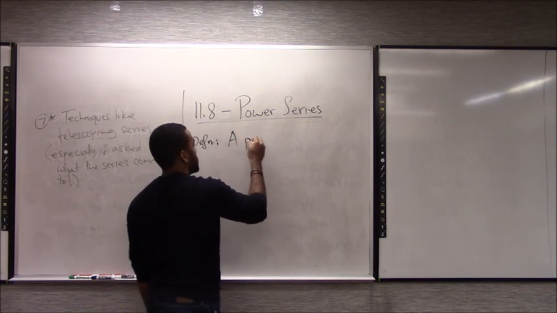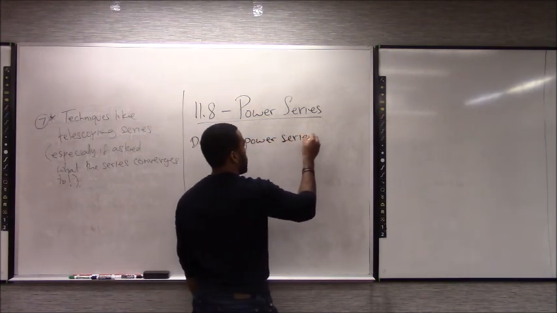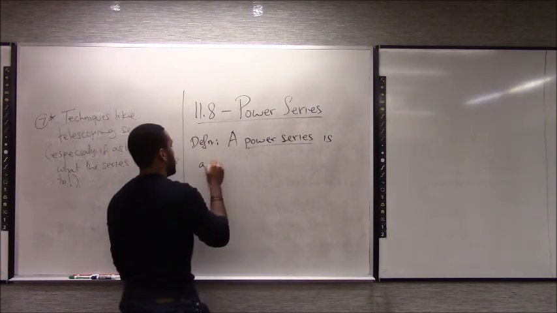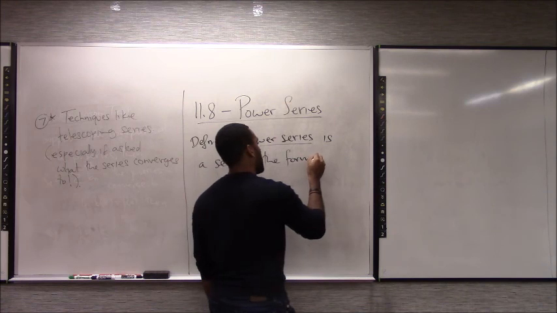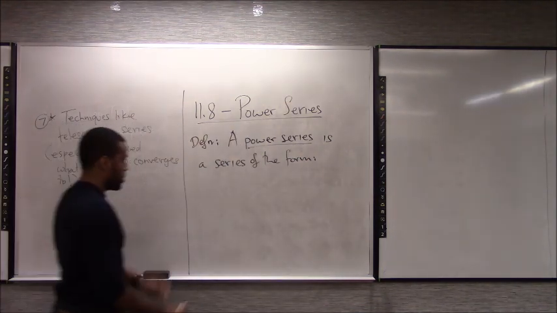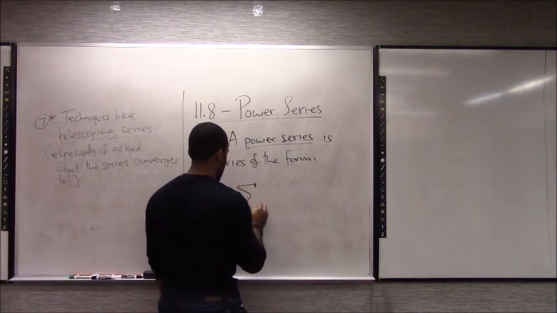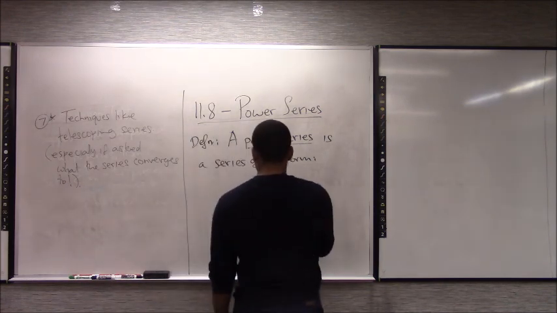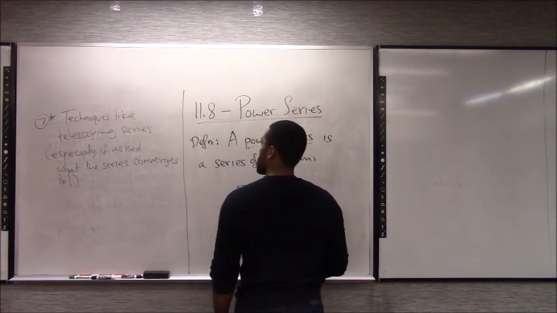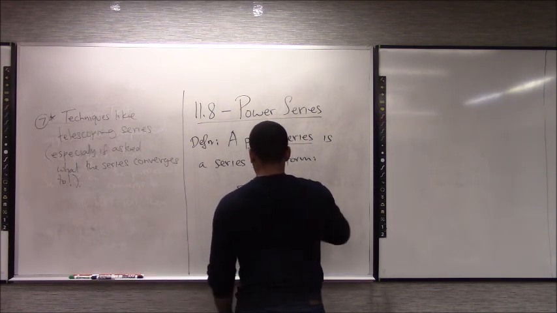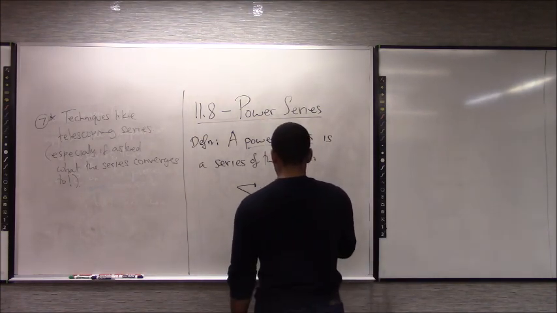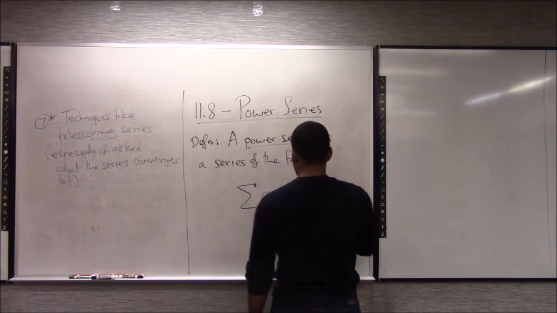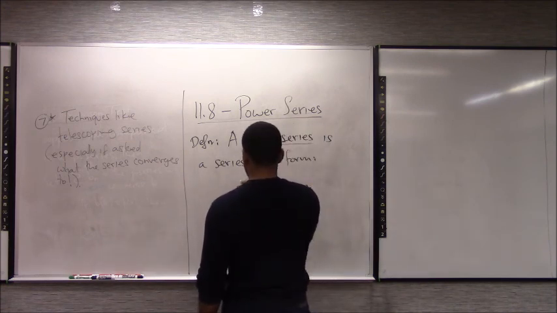A power series is a series of the form: the sum of c_n (x minus x naught) to the n, n goes from 0 to infinity.